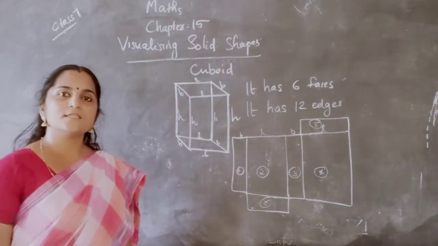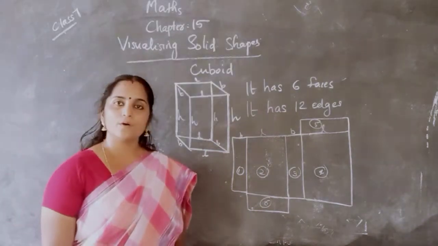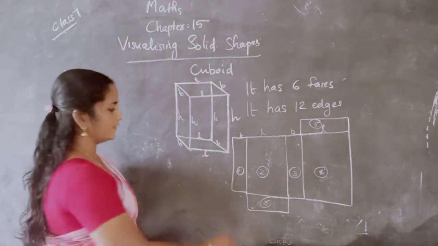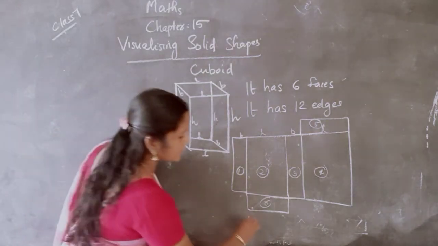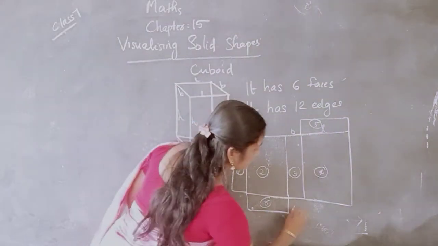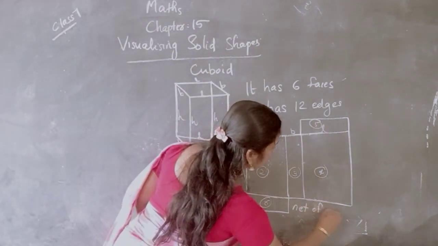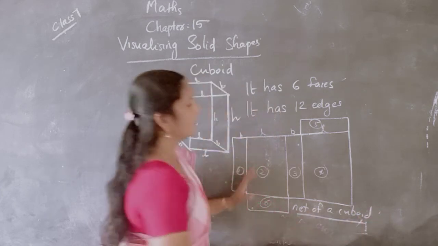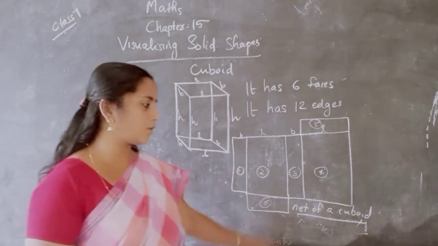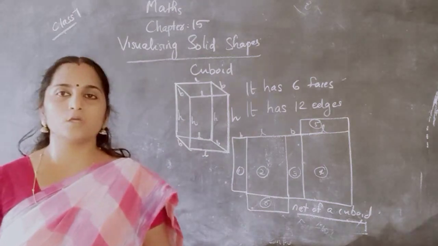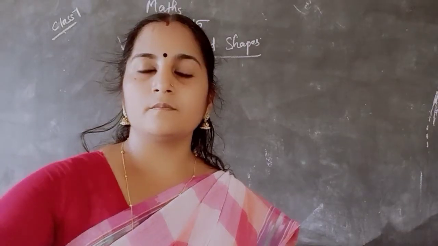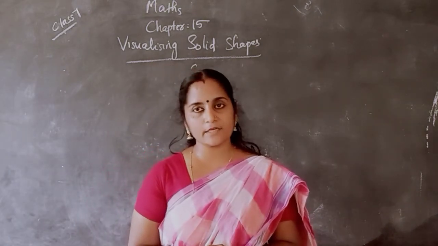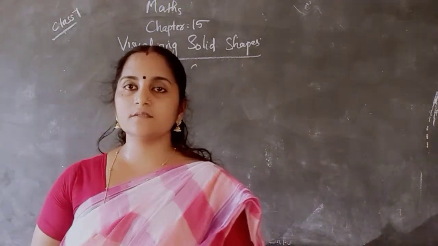These are the 6 faces of a cuboid. This is called the net of a cuboid. That is, if you open a cuboid, we get a picture like this, and this is called a net of a cuboid.